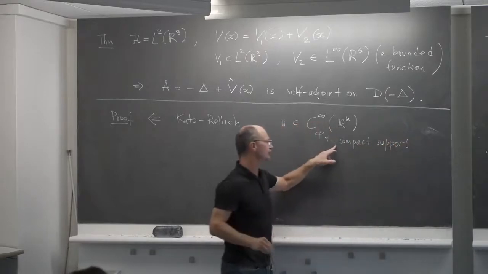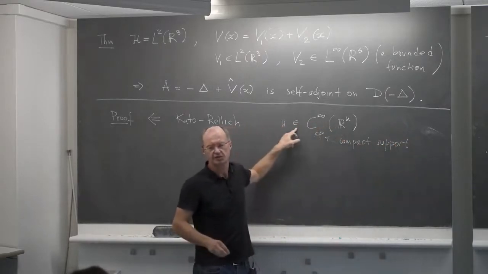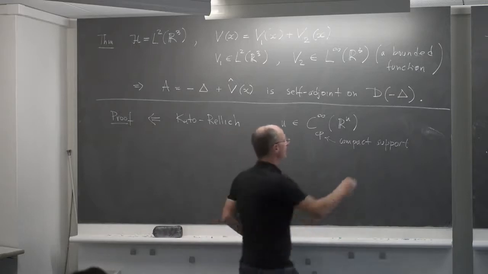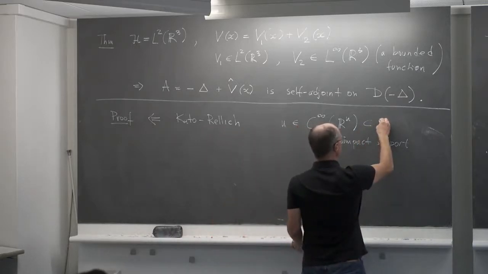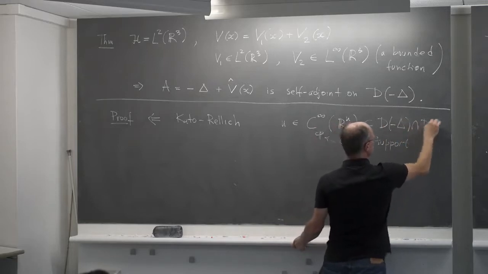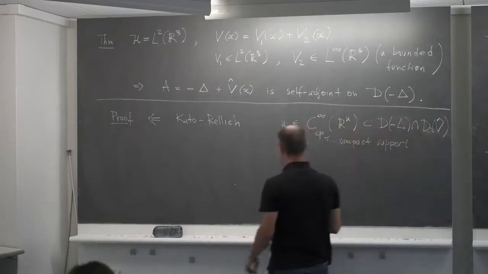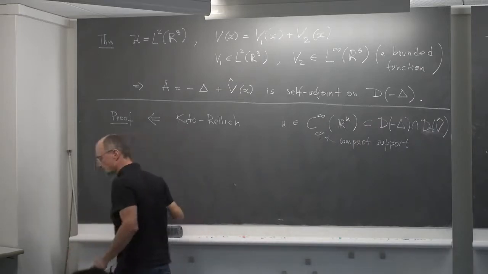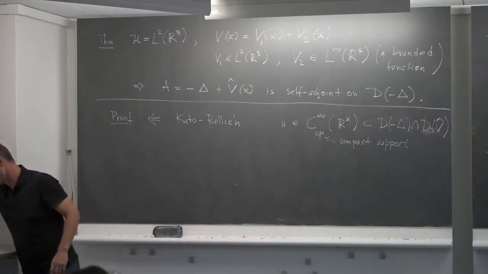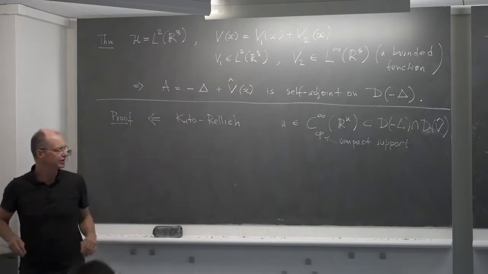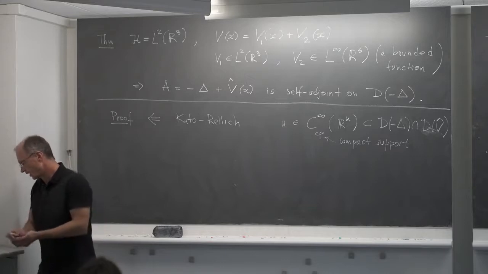Maybe later on I'll change my mind and say that it may also be in S, the Schwartz class. Clearly it is in the intersection of the domains. And it is clearly dense in both domains.